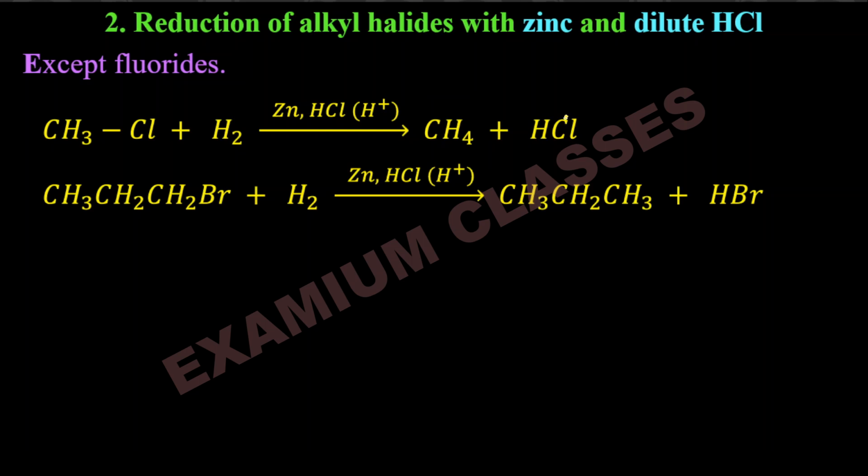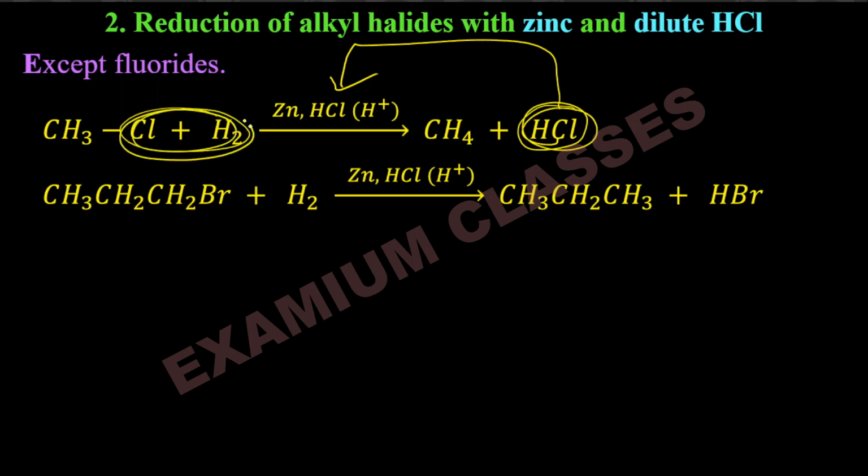Okay, but once HCl is produced, it acts as acid to provide H plus, and then reaction accelerates. So that's another type of question which is asked. Okay, but you need to just remember that HCl is for H plus. The hydrogen halide is produced from this part. Addition of hydrogen, removal of chlorine, addition of hydrogen, removal of bromine. That's why it is reduction.